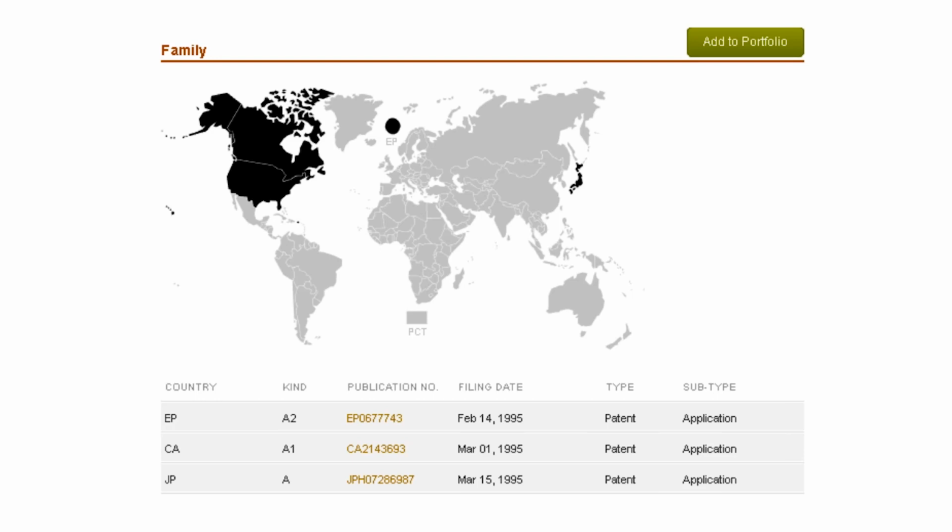So this gets you the first level of insight. Is there even coverage in the markets that I'm interested in? If the answer is yes, then there's a second step that's important, because we might find that in one of these jurisdictions, an examiner found a piece of art that wasn't found in the others. And so we have a more limited claim set. And that could affect the value and enforceability of the patents in the other jurisdictions.